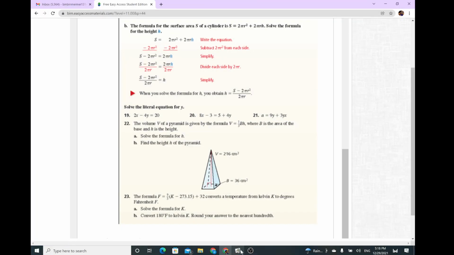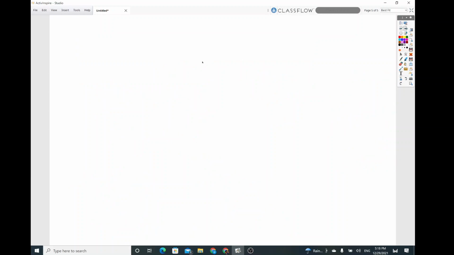Okay, so now let's see right here. If y is the variable, let's just rewrite it. So we got ax minus 3 equals 5 plus 4 times y. I just want to put y in a different color.